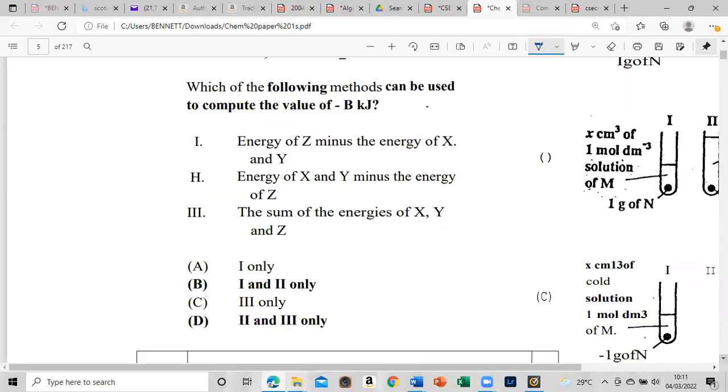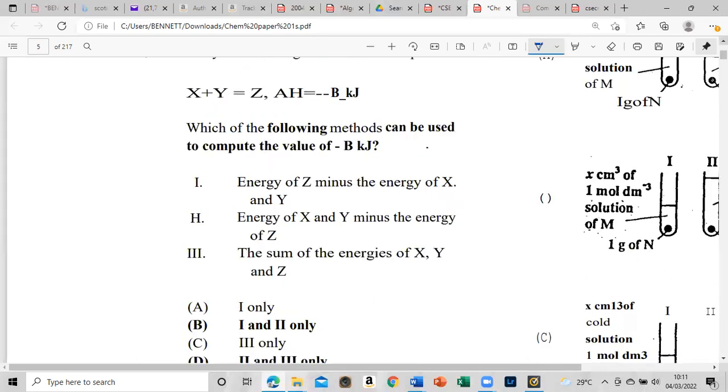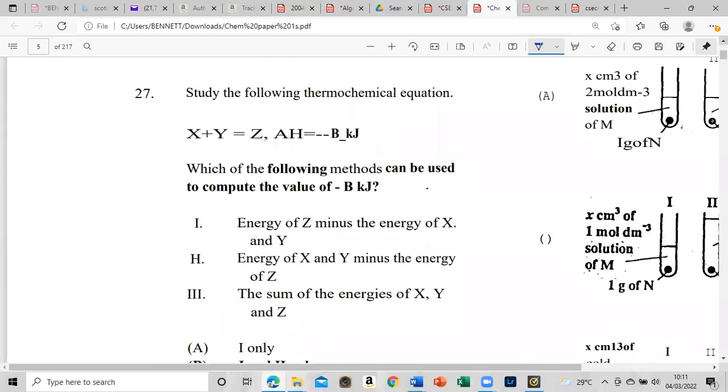Is it 1 only, 1 and 2, 3, or 2 and 3? Let's go back up. So that's the energy of Z minus the energy of X and Y, and that is 1 only. Let's move on to 28.